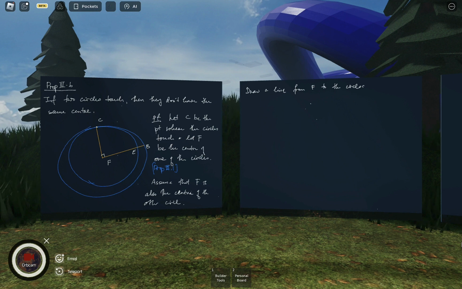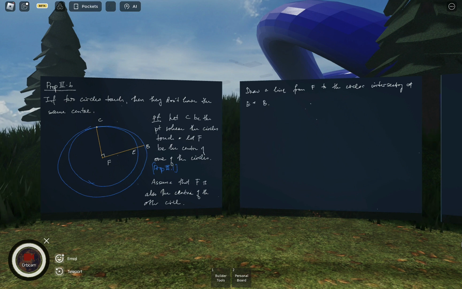So now we have a line. FC is predetermined, and then we draw a line perpendicular to FC, intersecting at, I guess, what did I call it? E and B. Okay, E and B. And from here, the proof is the same.